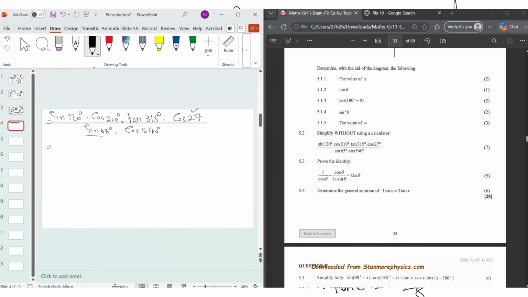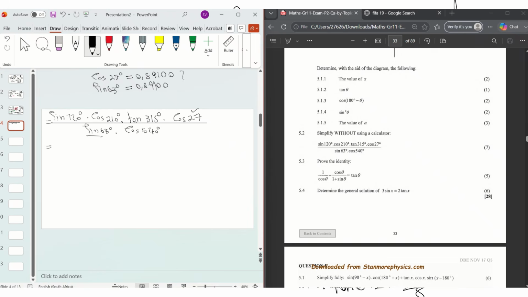For instance, cos 27 will give us what? Cos 27 is 0.8910. Now let's check sine 63. Sine 63 will give us 0.8910.